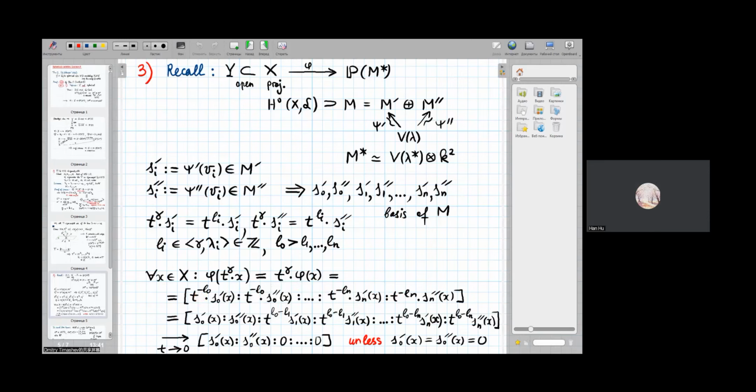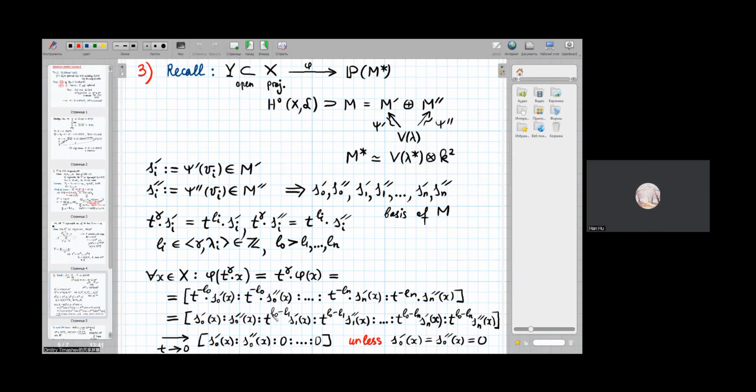After that, I said that since we consider projective coordinates, we can multiply them by the same scalar. And I multiplied all coordinates by t to the power L naught. And so these factors just vanish. We replace them just by these values.